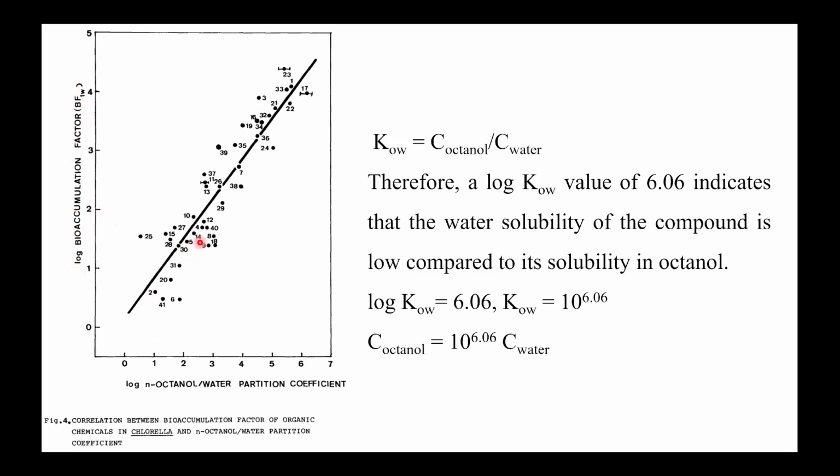So higher the partition coefficient, that means higher the compound is hydrophobic, chances of it getting accumulated in the environment or accumulated in the living tissue is higher. Why? Because obviously, if a compound is hydrophobic, it is not going to get solubilized in water. It is going to remain in the environment as it is.